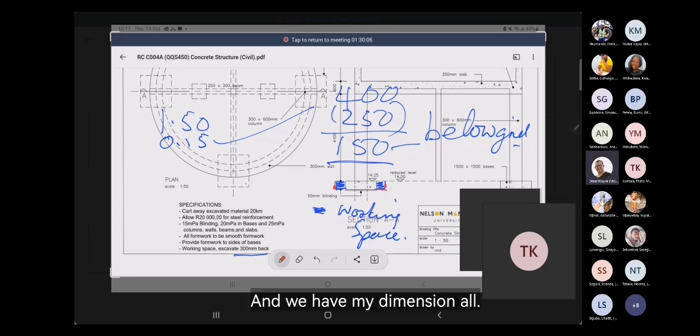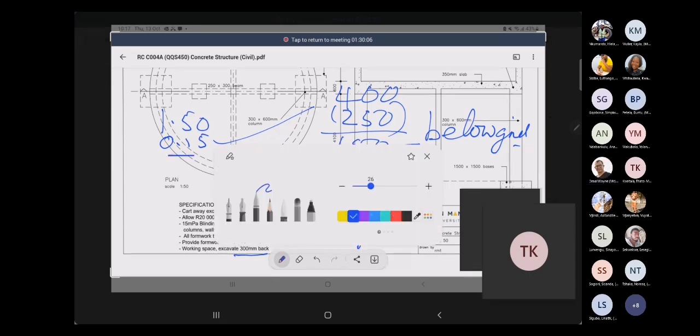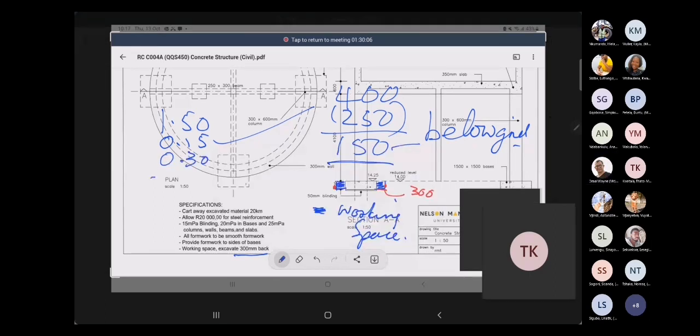And we have my dimension of 300 millimeters on the other side. Okay? So that is times 4 times 4.